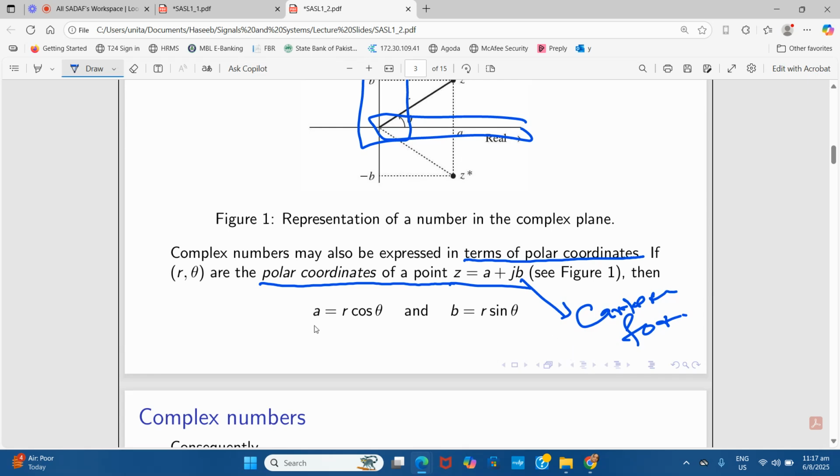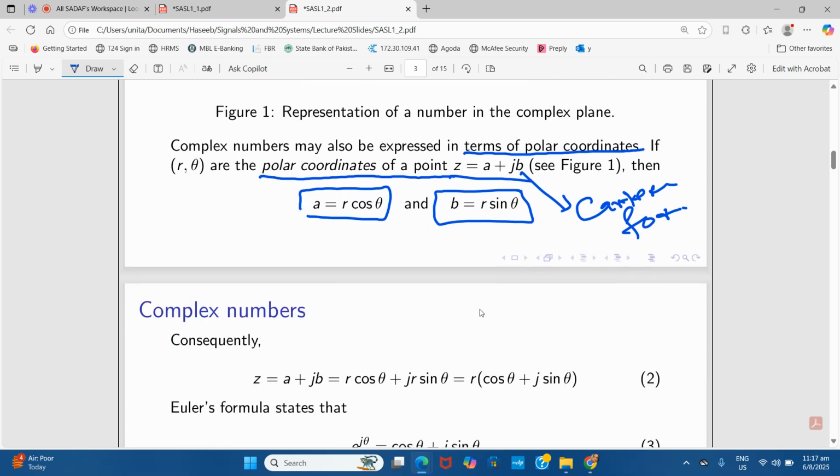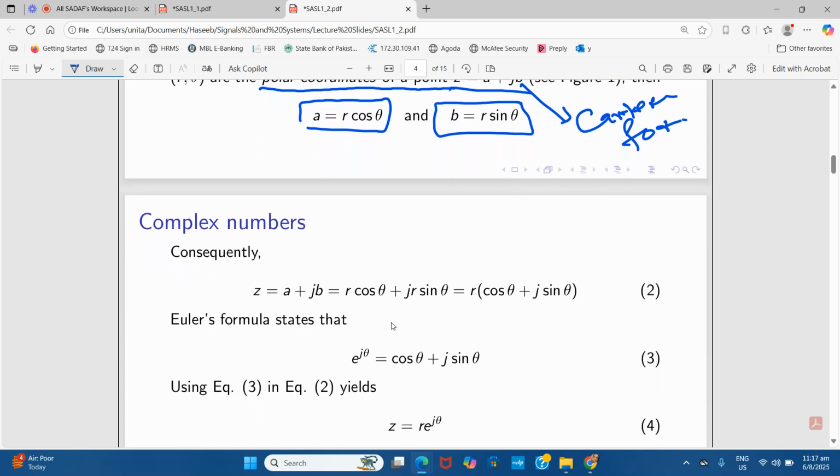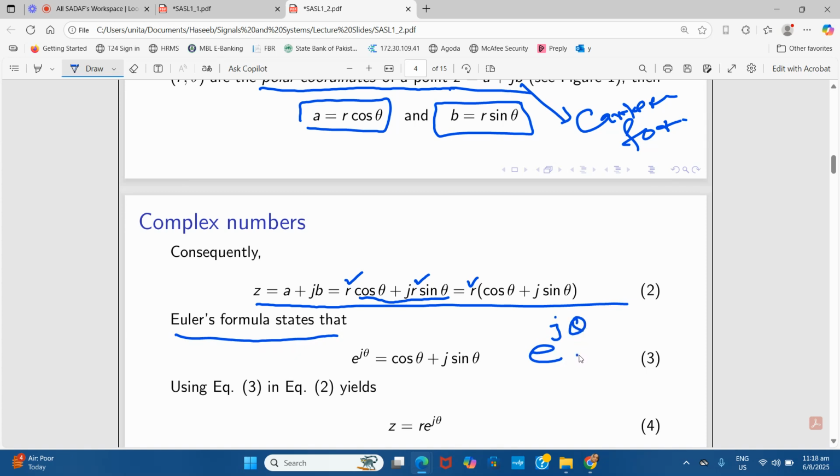How? a equal to r cos theta and b equal to r sin theta. If we further write in this form, we can take r common from both terms, and inside we have cos theta plus j sin theta. This is the equivalent formula stating that e raised to the power j theta equals cos theta plus j sin theta.